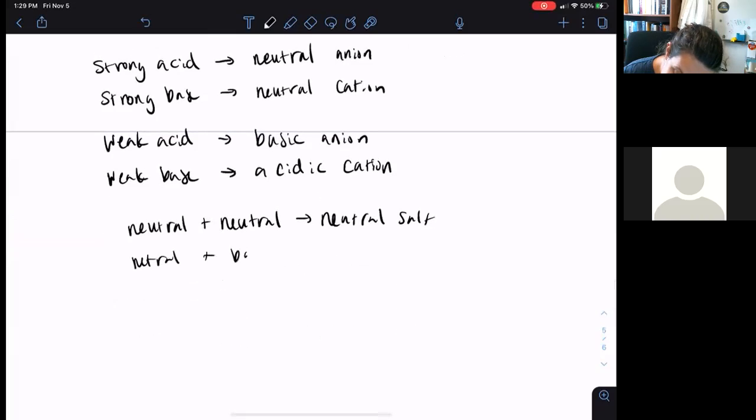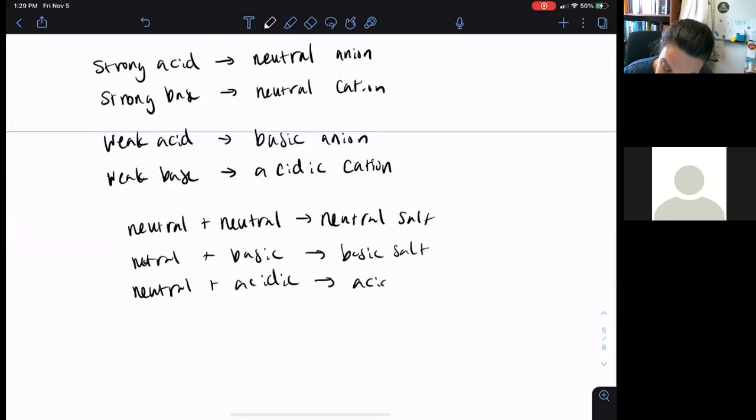Neutral plus basic would be a basic salt. Neutral plus acidic, acidic salt.